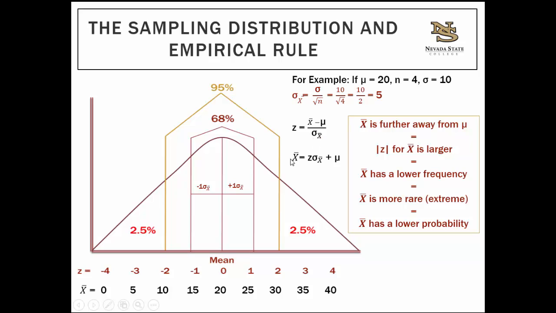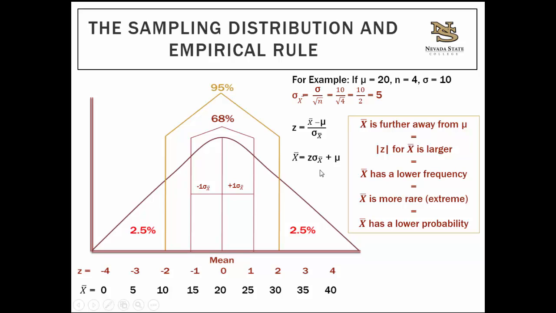Then if you wanted to find the mean based on this information, you could take the z-score, multiply it by the standard error, and add the population mean. This is similar to finding x based on this information, where we took z times the standard deviation plus the population mean, only now we're working with means and standard errors instead of scores and standard deviations.